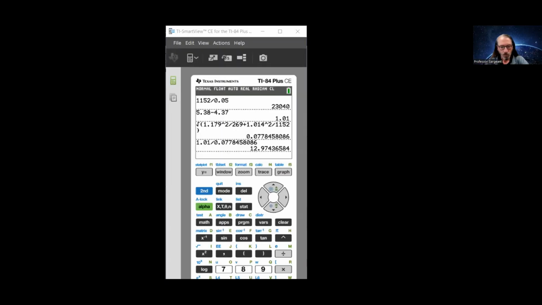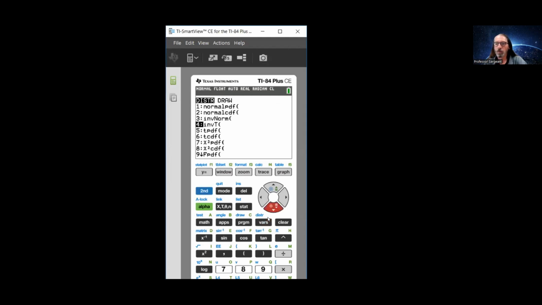Before I enter that, you need to know what the t-value is before you use TCDF. And we had a finite lower bound of 12.97, then going infinitely to the right.